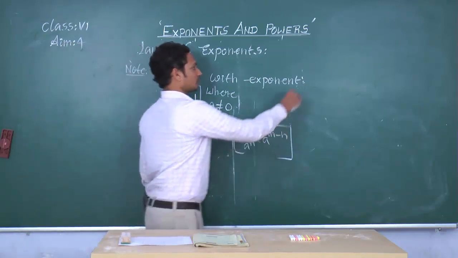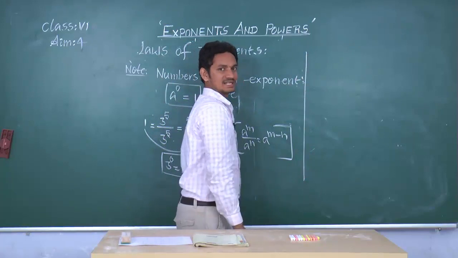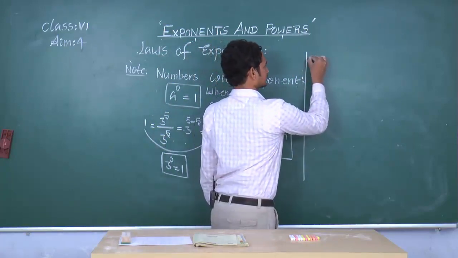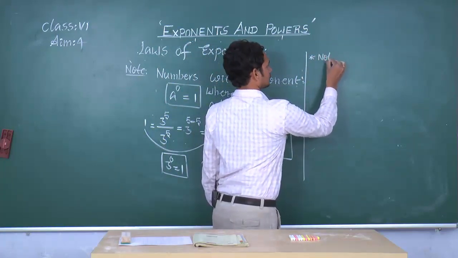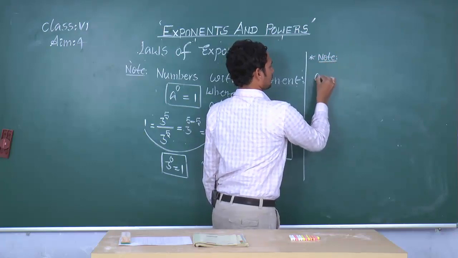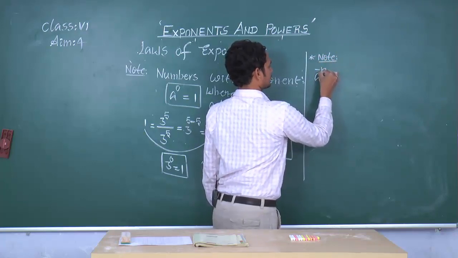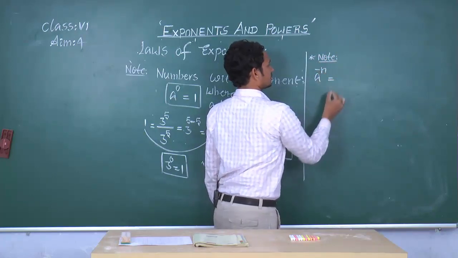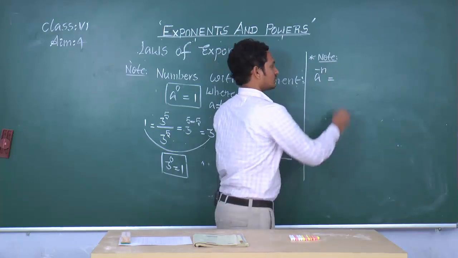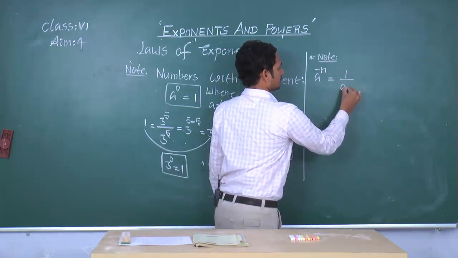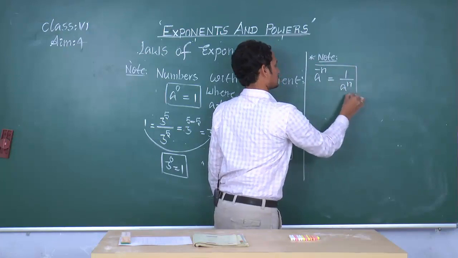Now I am introducing a few more results. A power minus n, we can write it as 1 by a power n.